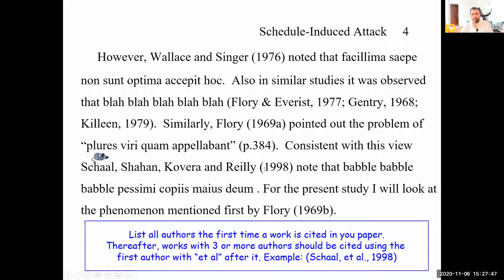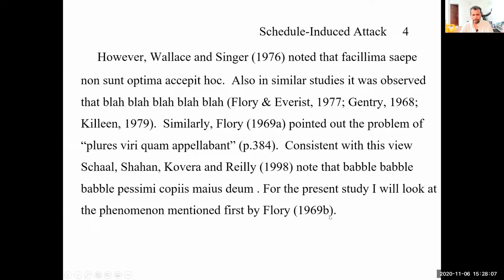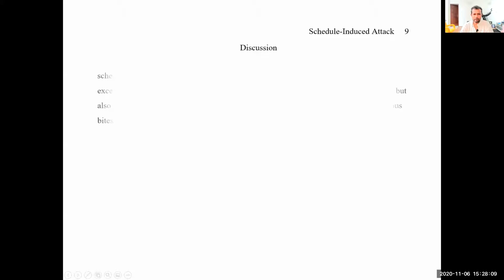But if you are using the same reference a second time or thereafter, you say, for example, Charles et al. Use the term et al. thereafter, but the first instance you have to have all three names. If it is more than five names, then from the beginning you can say Charles et al. instead. So that's the multiple authors.